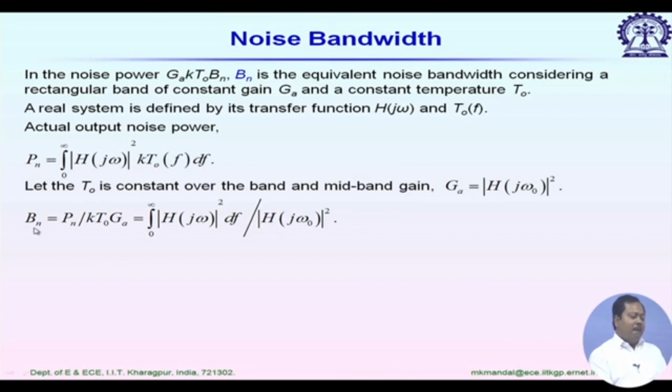So Bn is equal to the total noise power Pn divided by k T naught Ga, or the integral from 0 to infinity divided by |h(j omega naught)| squared. From this expression we can calculate the Bn value, but even then we considered T naught to be constant over the given bandwidth.